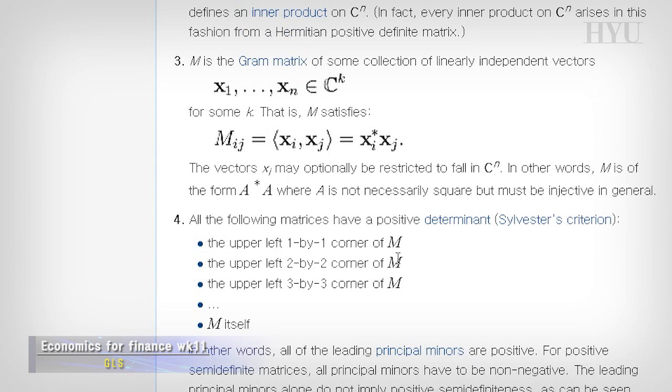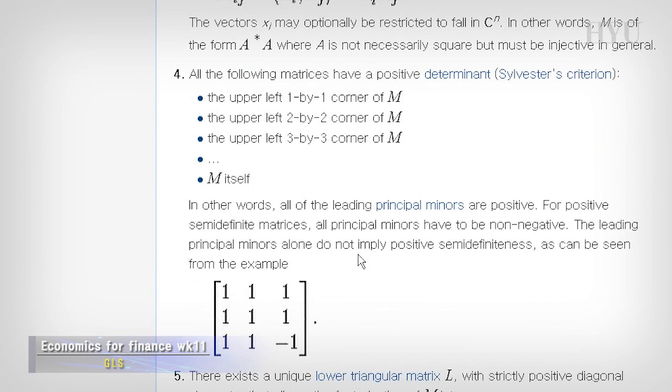So the upper left 1 by 1 corner of M, the upper left 2 by 2 corner of M, and so on. In other words, all these matrices have a positive determinant. If their determinants are positive, then it is positive definite.